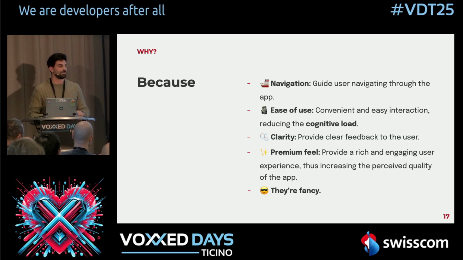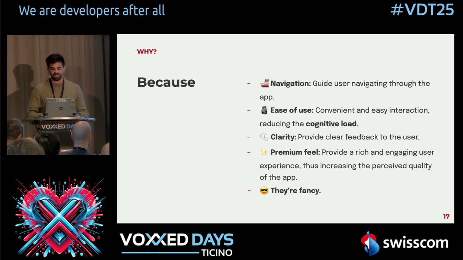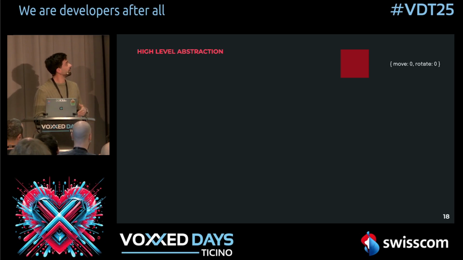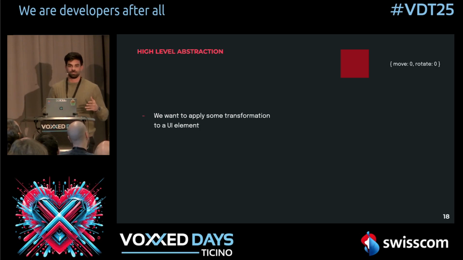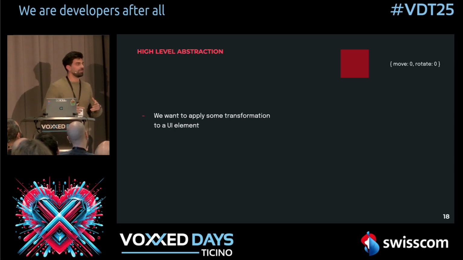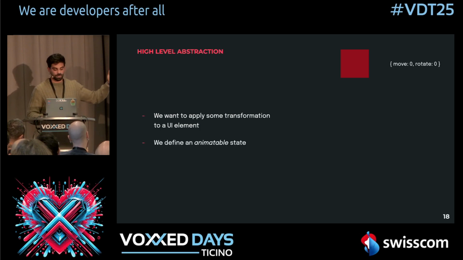So now that we talked about, generally speaking, animations, let's give a high-level abstraction about what the code is going to later look like when you write an application, when you write an animation. So the rationale here is that we have a UI element, and we want to apply some transformations here. On the left here, you can see we have a square, and we have an initial position of move 0 and rotate 0. So basically what we want to do here is apply some transformation, and we're going to move the square.